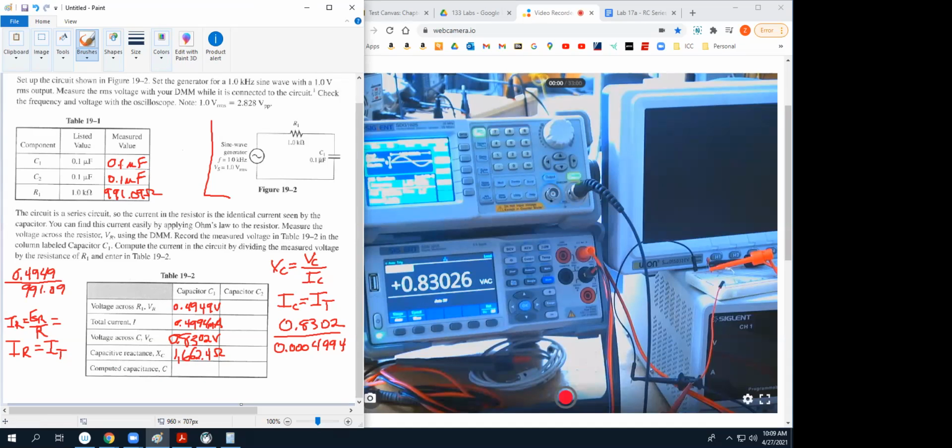Computed capacitance. Going back to procedure number 5, using capacitive reactance found in step 4, compute the capacitance.